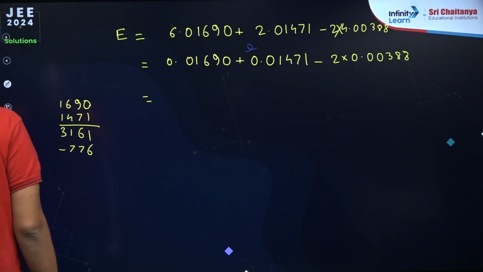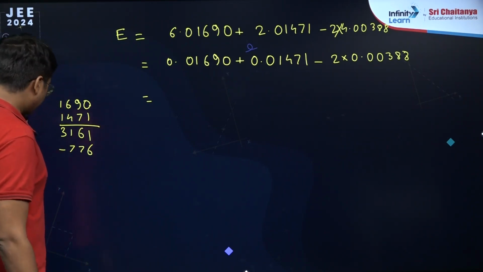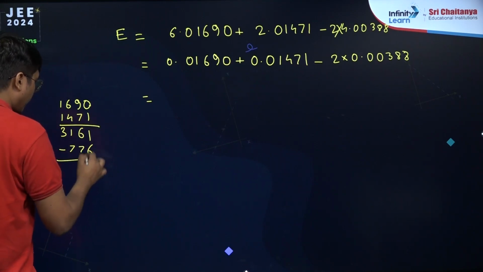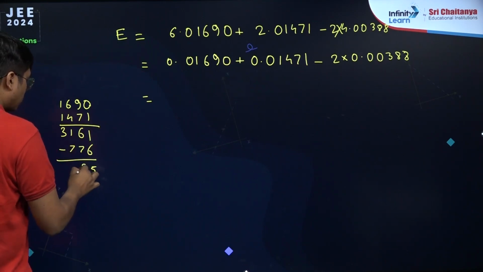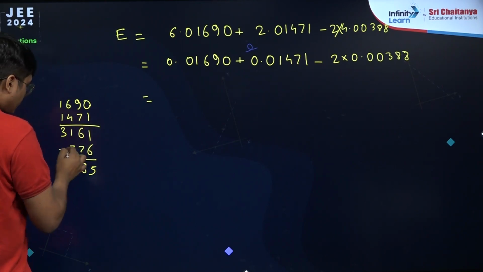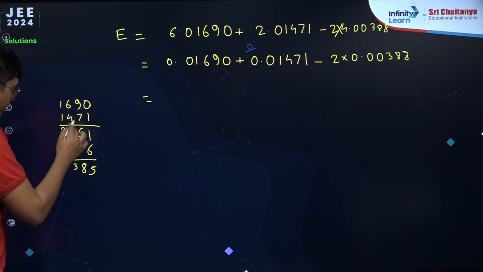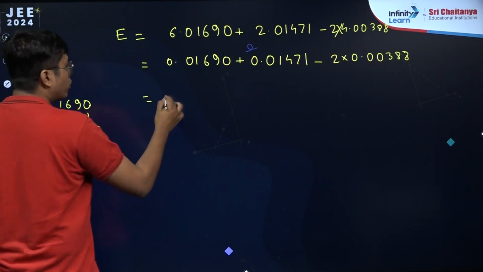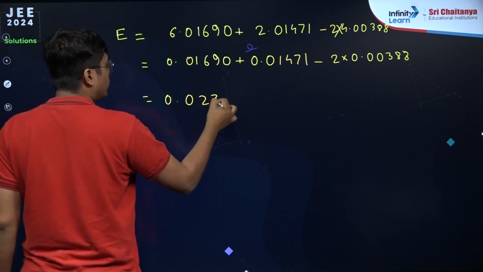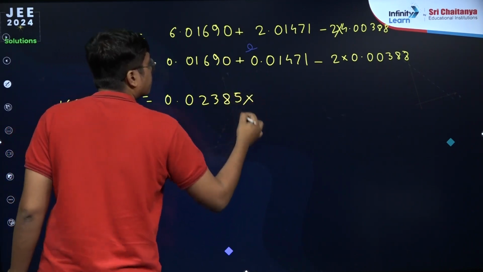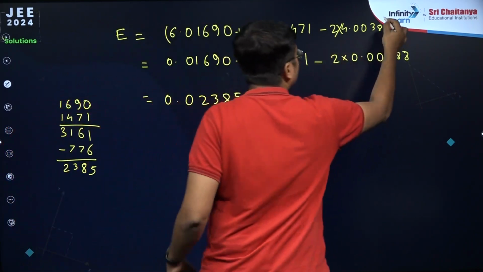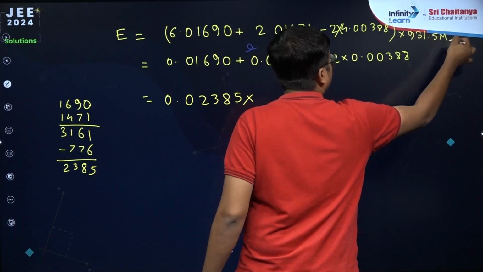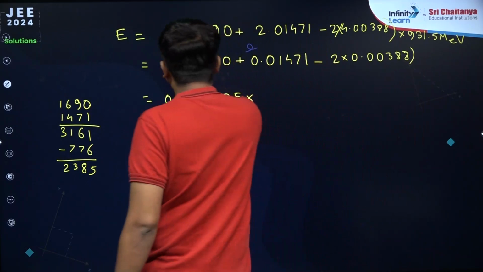So what do we get out here? We get 2385. So you are going to get 0.02385, and of course you have the into 931.5 mega electron volt over this entire thing.